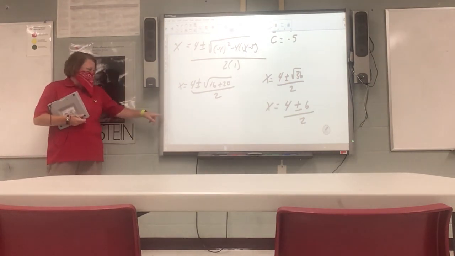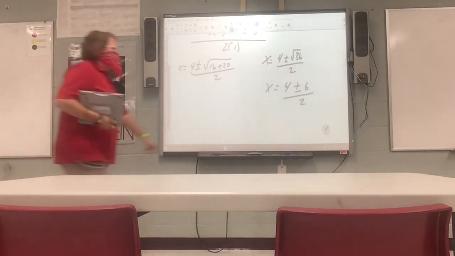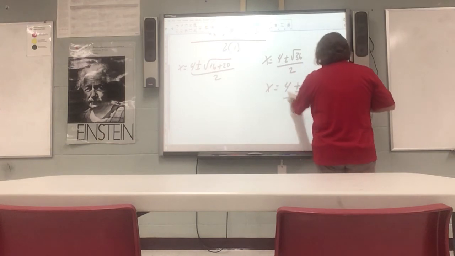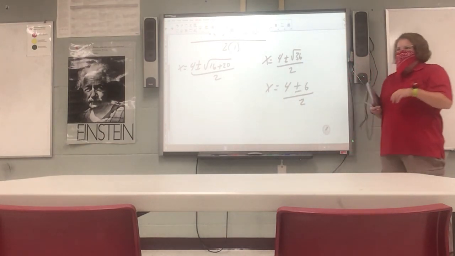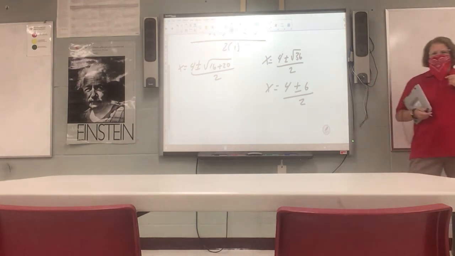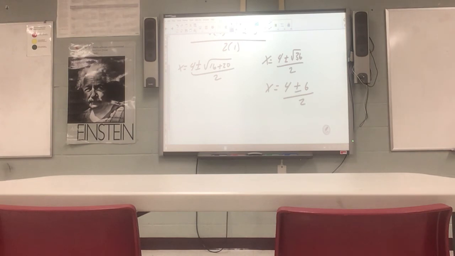So what people will make a mistake here is they'll just do this. They'll say 4 divided by 2 is 2, 6 divided by 2 is 3. So they'll write 2 plus or minus 3. That is not what happens here. You have two problems to work out. So we're going to do x equals 4 plus 6 and divide it by 2. Then we've got to do x equals 4 minus 6 and divide it by 2.